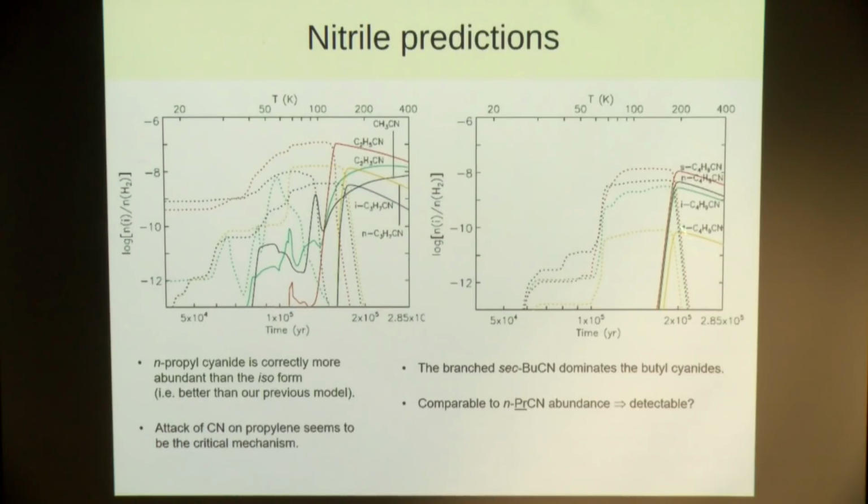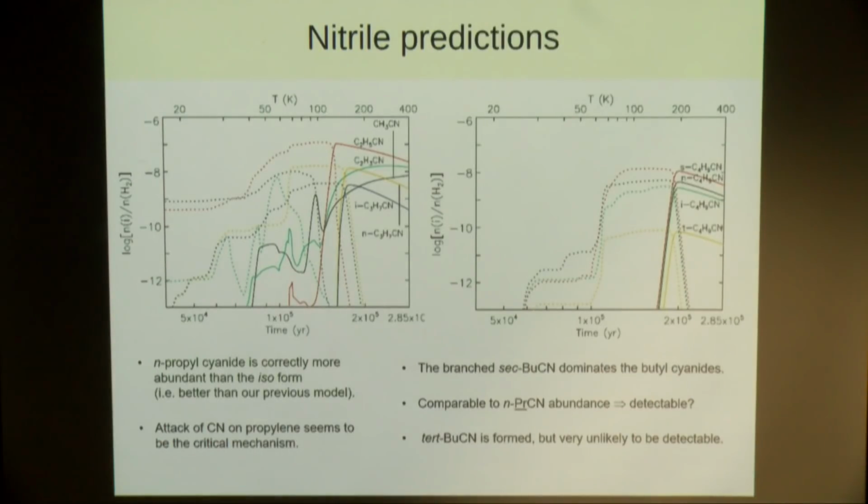It's possible that the sec form is detectable. I'll say something briefly about that in a minute. The tert form, this doubly branched form, is almost certainly not detectable. It's a good couple of orders of magnitude below the most abundant one, so it's probably not going to be detected anytime soon.